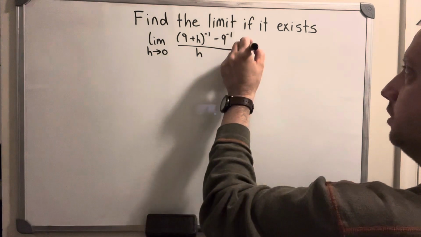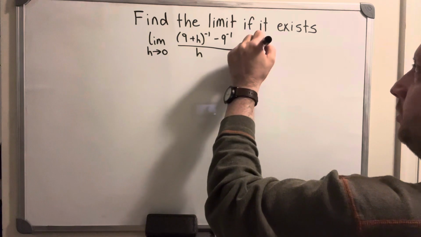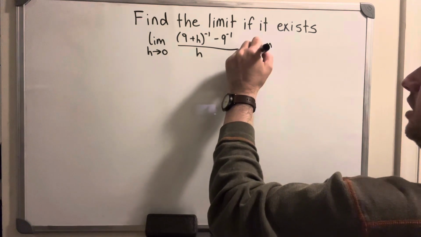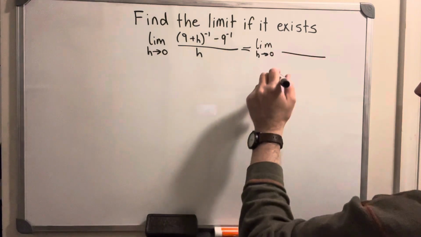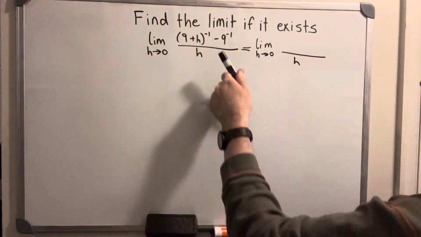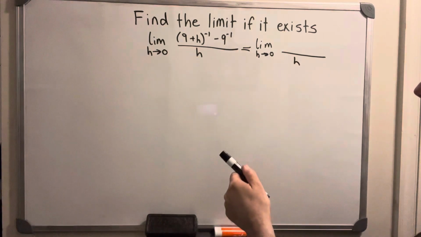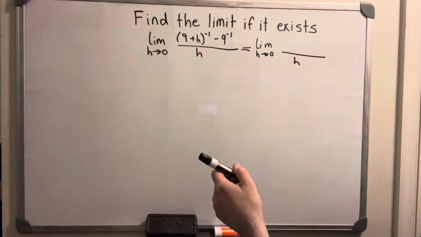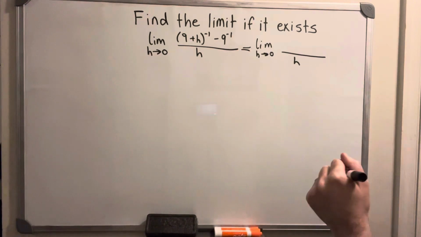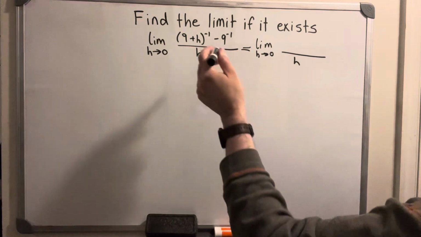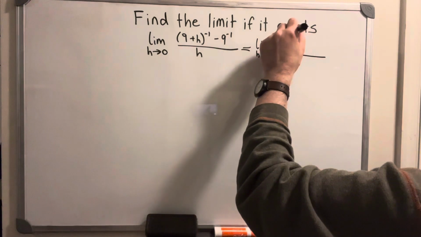How about this? It's still the limit as h approaches 0, and in the denominator we still have h. What can 9 plus h to the -1st be converted into? You remember what the definition of a negative exponent means. It means the reciprocal of.